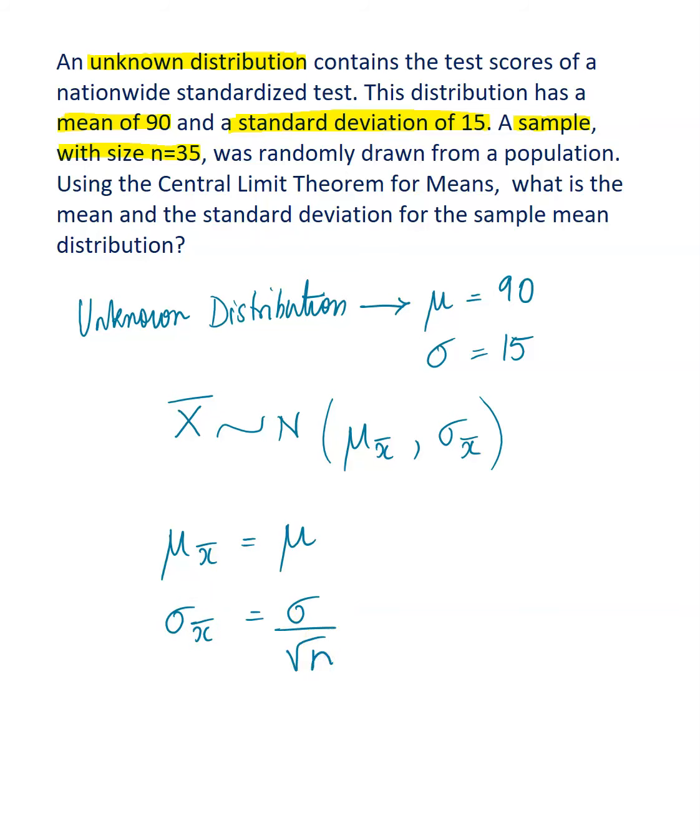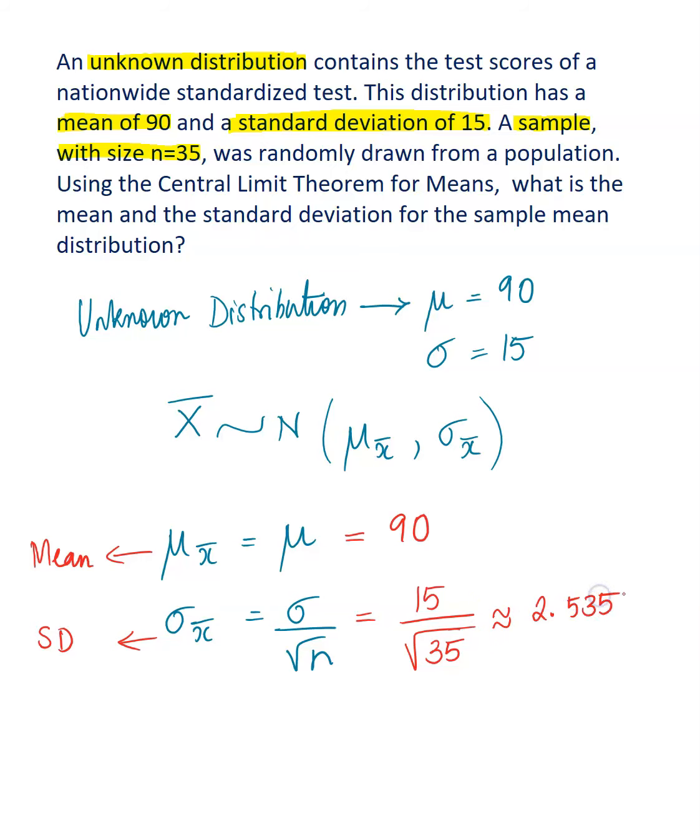So we're just going to use the mean and the standard deviation to get the values for the sample mean distribution. We know that the mean is 90, so we have the 90 itself. And for sigma x bar, it's 15 over square root of n. N is 35.